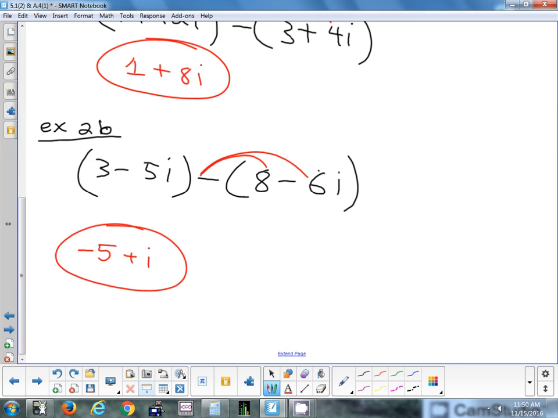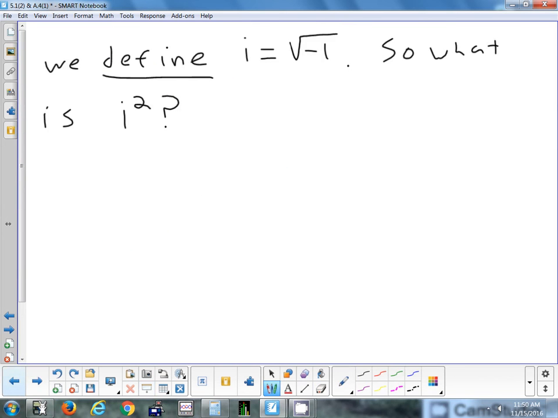All right. So I said I was going to explain something. It's kind of the last thing, and this will lead us into tomorrow. So i is the square root of negative 1. I can't explain to you why that's true. I can't come up with a proof for it. It just is what it is.